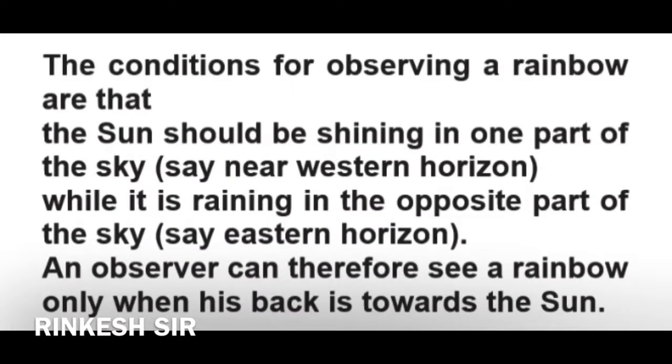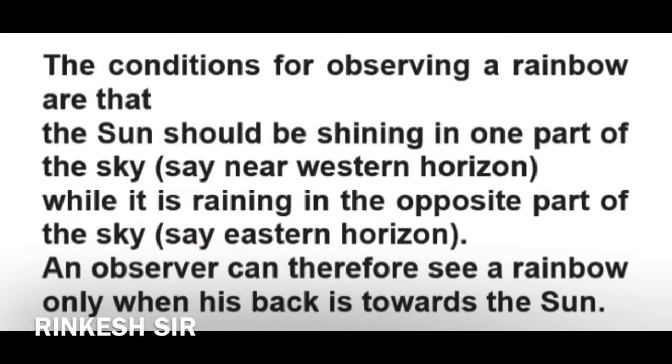The conditions for observing a rainbow are that the sun should be shining in one part of the sky while it is raining in the opposite part of the sky. So you can only observe a rainbow when your back is towards the sun.